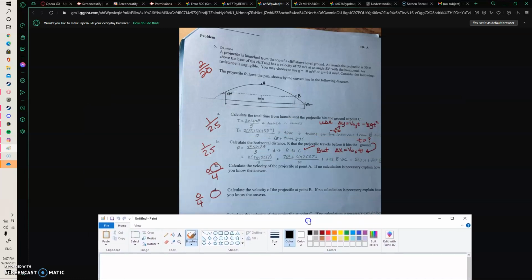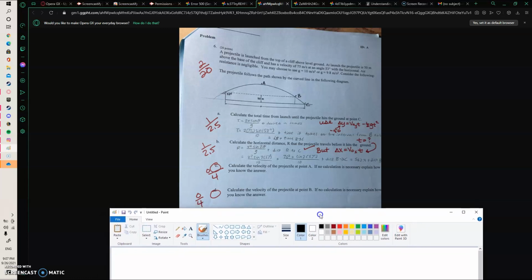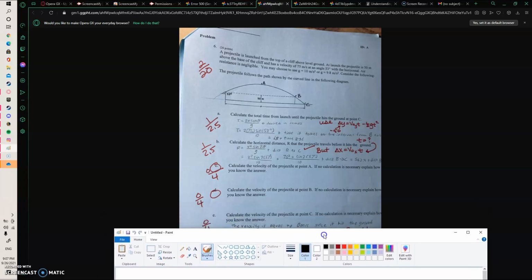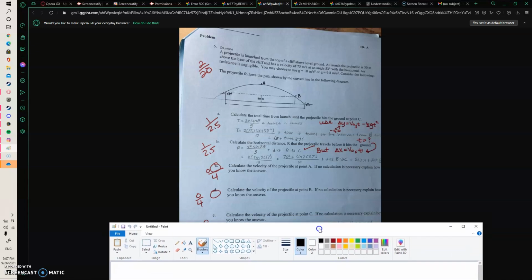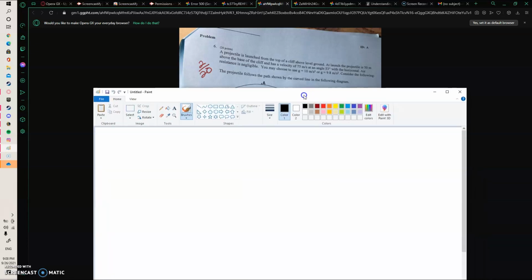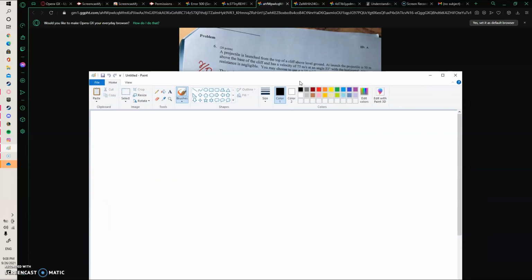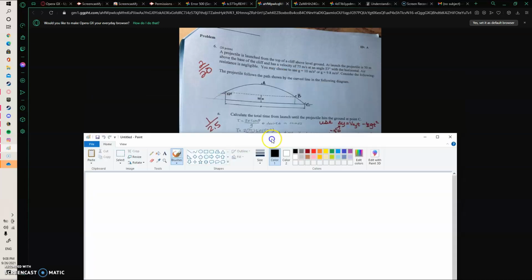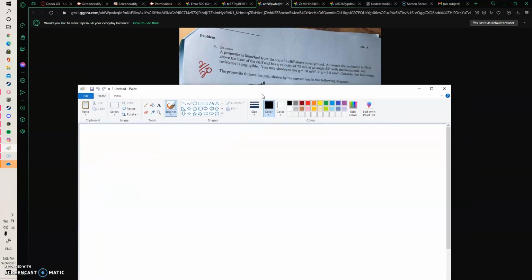Moving on to part E, the velocity of the projectile at point C, and this one actually requires calculation. So essentially, the way that we want to approach this question is that we want to use the equation that we got from the previous question.